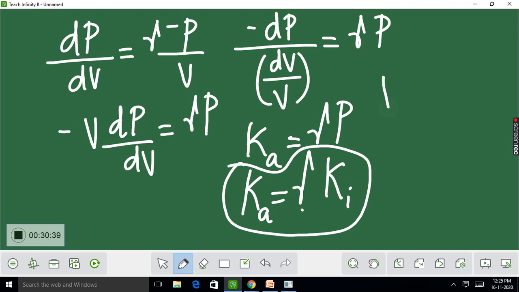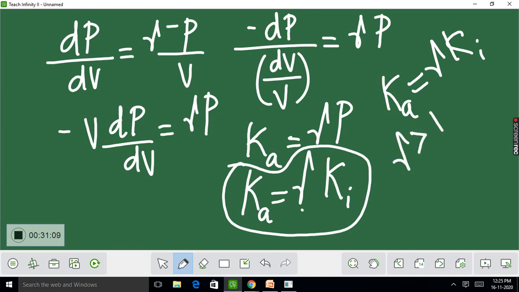Or we can say the adiabatic elasticity equals gamma times the isothermal elasticity. Gases have only bulk modulus, so the modulus of elasticity in the case of gases is the bulk modulus. We know that gamma is greater than 1.